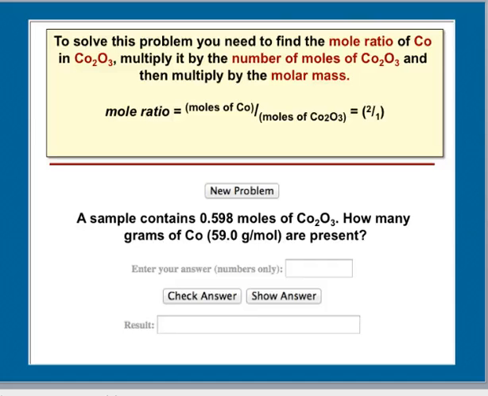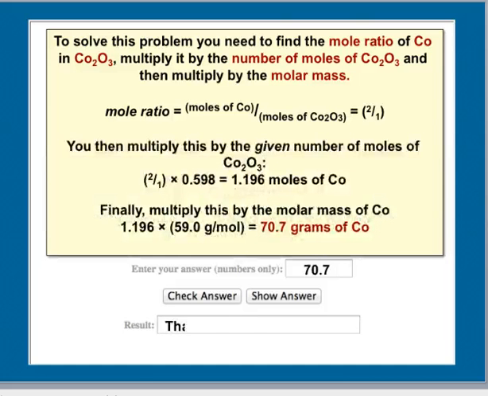Now, we are given about 0.6 moles of this stuff times 2 gives us 1.19 moles of cobalt. We know that every mole of cobalt weighs 59 grams. We have 1.19 of them, so we have 70.7 grams of stuff.